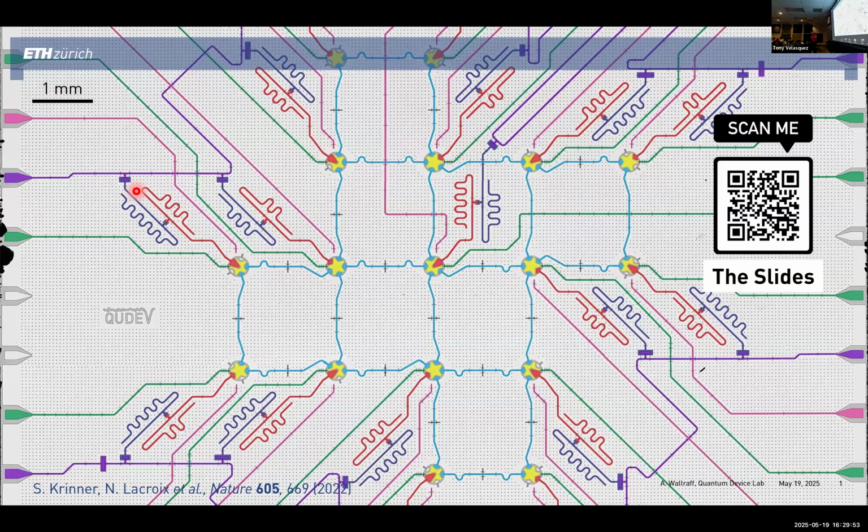Good. So I'll use my time to say a few words about how to do 2 qubit gates. I'll maybe discuss the basics. This is not supposed to be a state-of-the-art talk on 2 qubit gates, though I might comment a little bit on that throughout my presentation. I'll also start by walking you through one of the devices that we've used for a few of our experiments, which is the one that you see on this title slide.